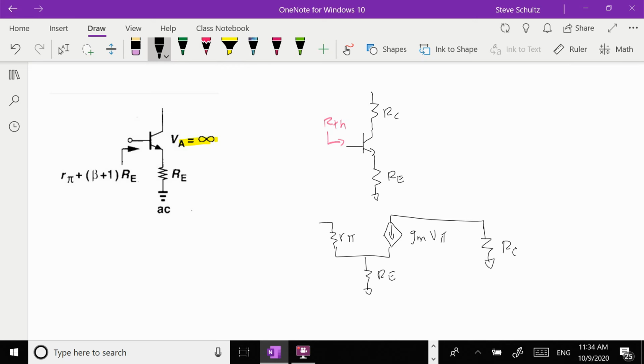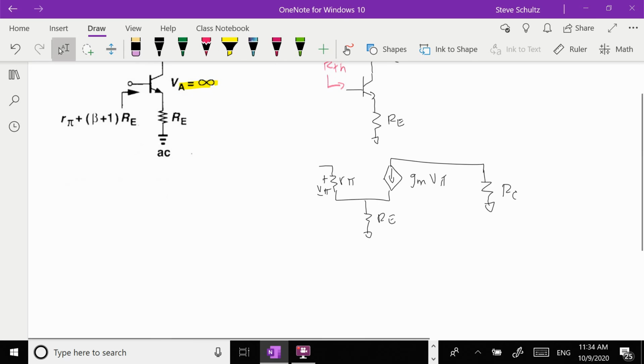Okay, and this is our V pi right here. And so then we're going to put a test source in because we have a dependent source. Now in this case, it's much faster and easier to use a test source that's current instead.